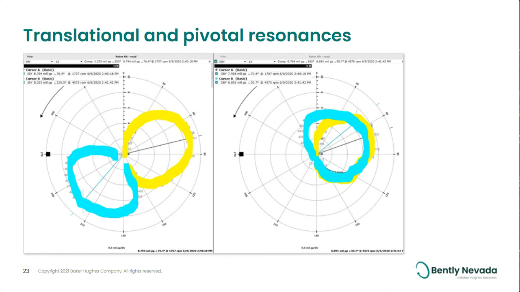The yellow highlighting represents the first mode, the first balance resonance, the pivotal resonance. And the blue represents the translational or second mode. You see that on the inboard, they're opposite each other, and on the outboard, they're right in line with each other. So let's look and see where the heavy spots are.